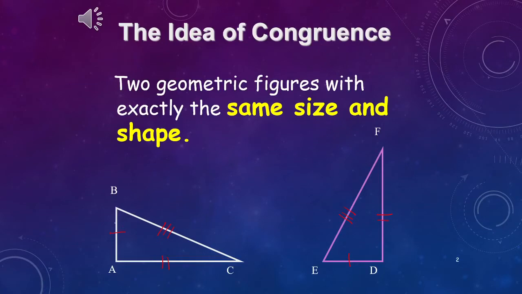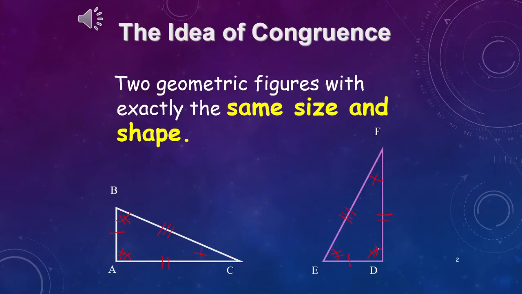Okay? And of course, you also have noticed that this angle is congruent to this angle. This angle here is congruent to this. So I am simply placing the congruent symbol. And this angle is congruent to this angle.